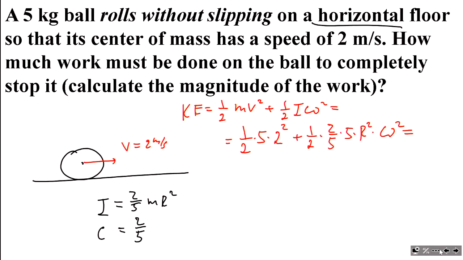So we continue our calculations. 1/2 m v squared plus 1/2 times 2/5 m r squared times omega squared. And now we can employ the fact that in this motion, angular and linear variables are coupled, related.